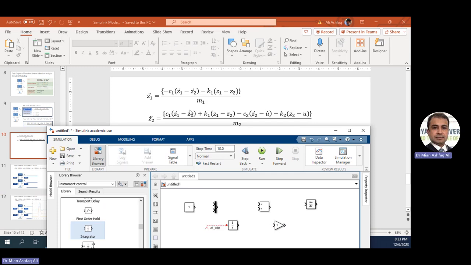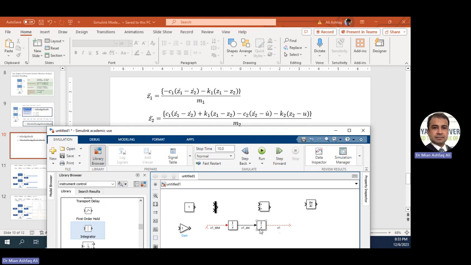If I have Z1 double dot, I can integrate this signal two times, so if this is Z1 double dot, this one is Z1 dot, and this signal is then Z1.